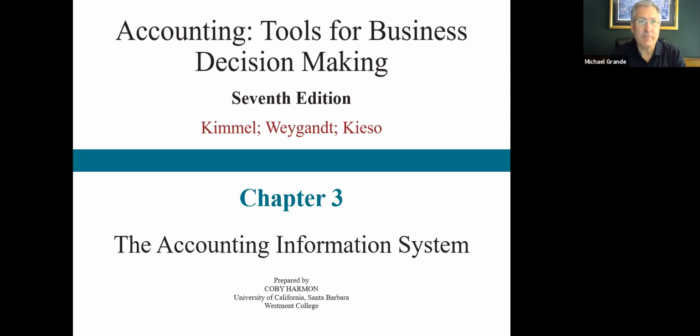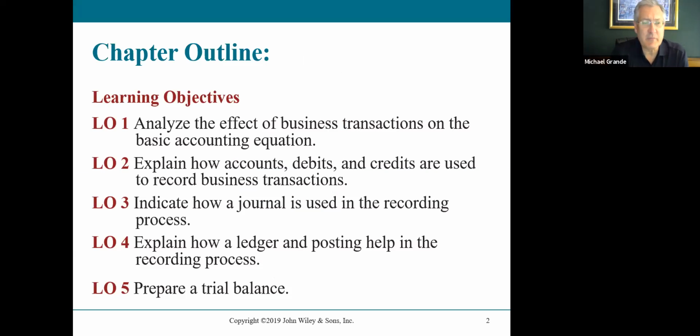So, accounting tools for business decision making, Chapter 3, the accounting information system. Here are the substantial learning objectives of this chapter. Analyze the effect of business transactions on the accounting equation. And let's remember that every transaction in business ultimately results in a journal entry.